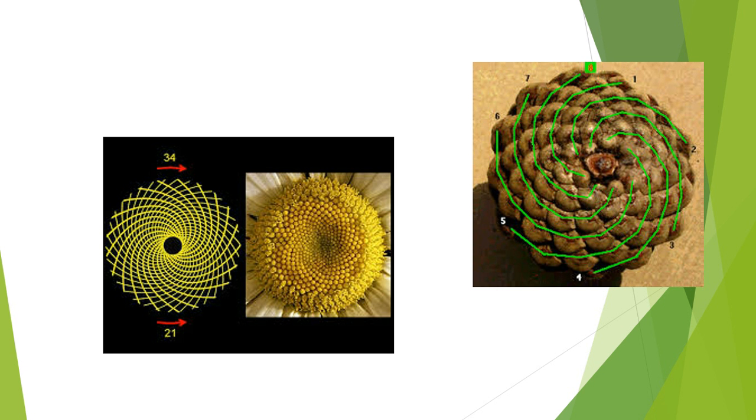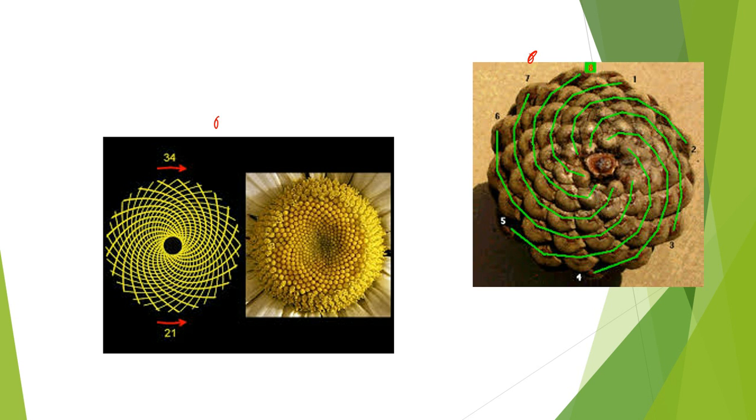All right, now the Fibonacci number is very unique because all over we see and we've discovered it in different things. Here's an example of a pine cone, and then I think that's a daisy. I'm not great with flowers, but I think it's a daisy. And what we see here is that in the spirals in this pine cone going clockwise, we come up with 8 spirals, which is a Fibonacci number.